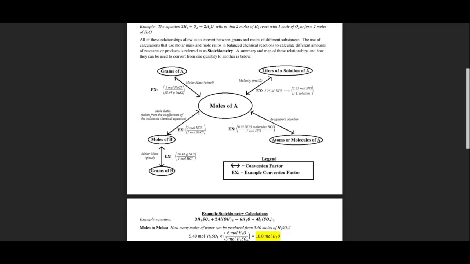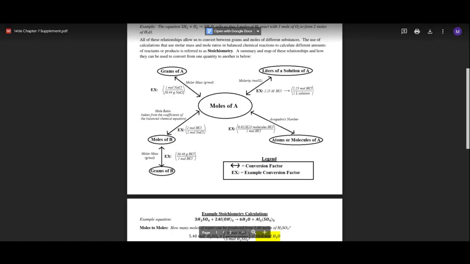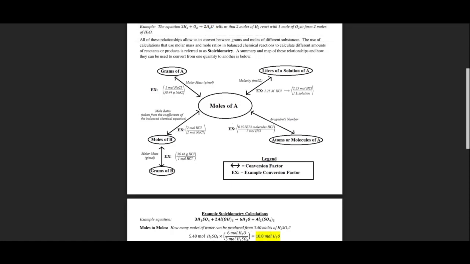But in this case, we're converting molecules of water into mass. It says, what is the mass of a thimble of water that has 4.0 times 10 to the 21st molecules? So that means I'm going to start down here on the bottom left, where it says atoms or molecules of A. I'm then going to use Avogadro's number to convert from molecules to moles.